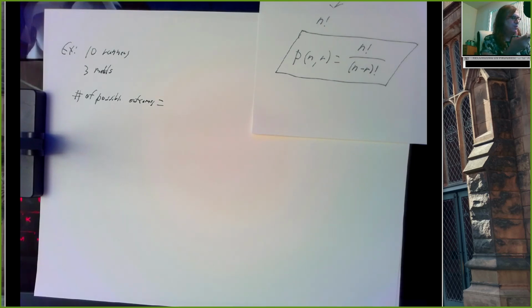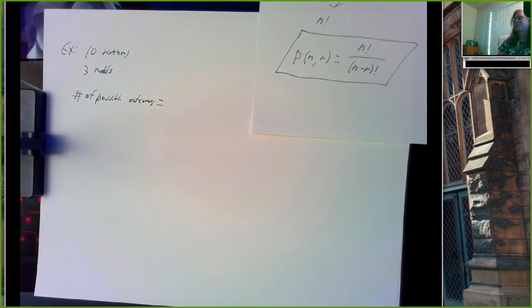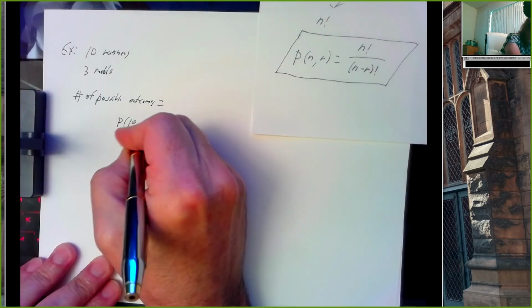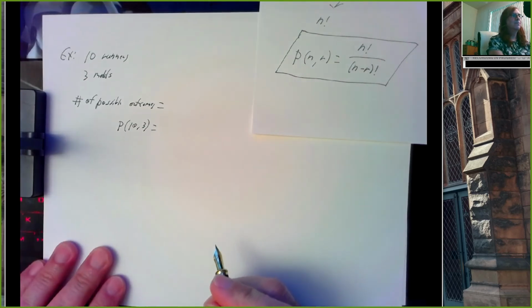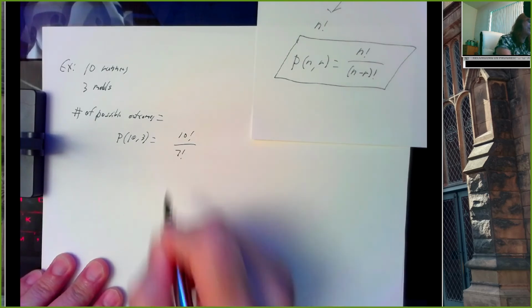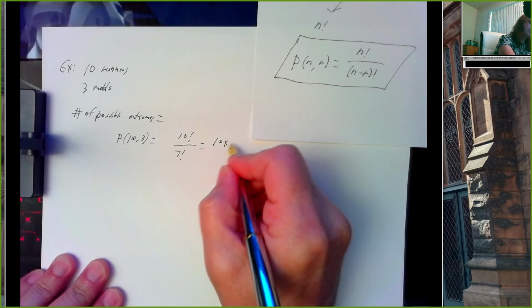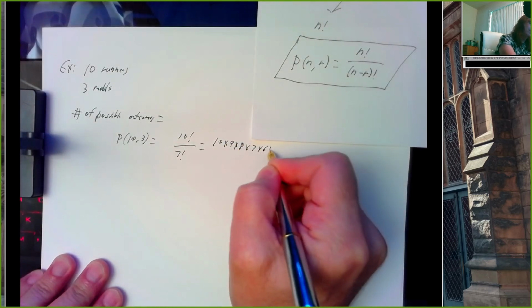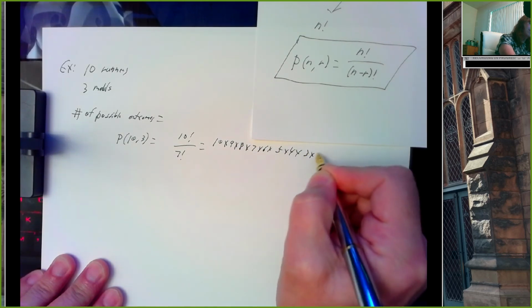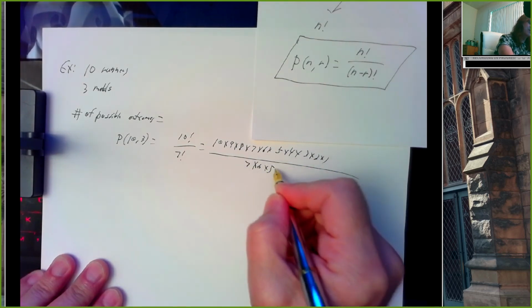In other words, how many ways can somebody be awarded first place, second place, and third place? This is a permutation question. We're trying to pick 3 runners out of 10 and place them in a particular order, so this is P(10, 3). Using this formula, that's 10 factorial over 7 factorial. And that works out nicely because 10 factorial looks like that, and 7 factorial looks like this.